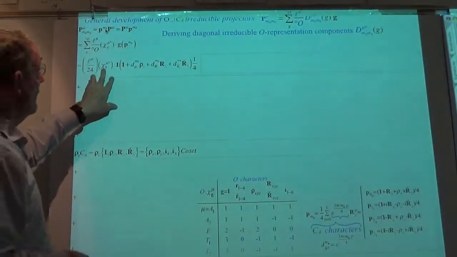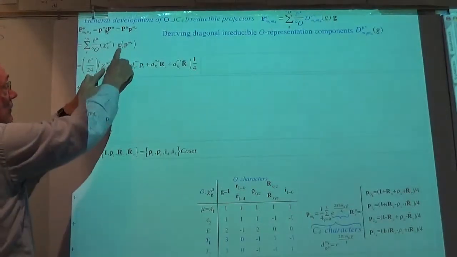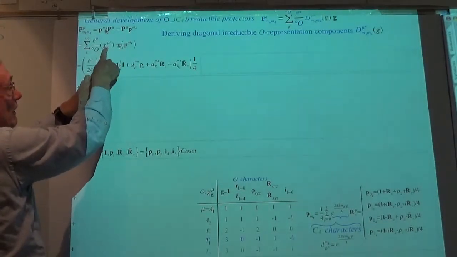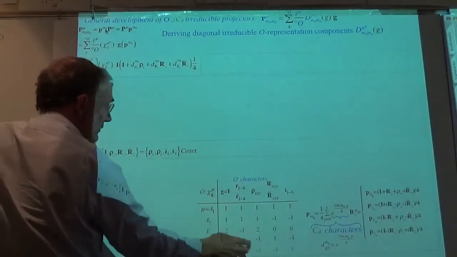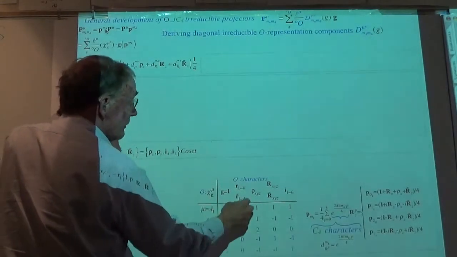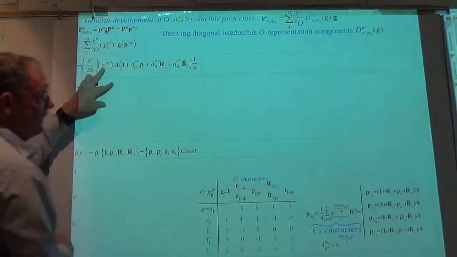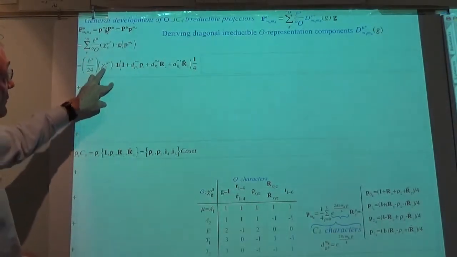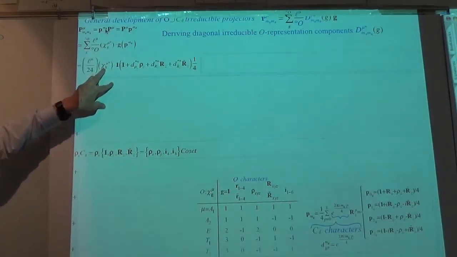Okay, so each time I take another group element, I'm going to have a different character from the character table of the octahedral group. These are the octahedral characters right here for each of the classes of rotations, which we went through before.